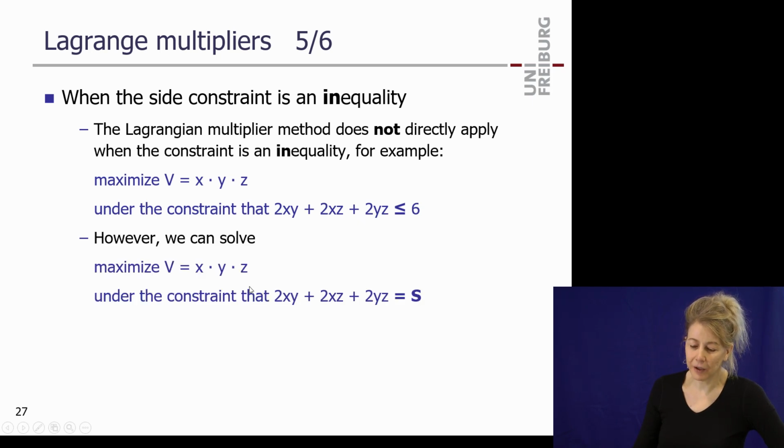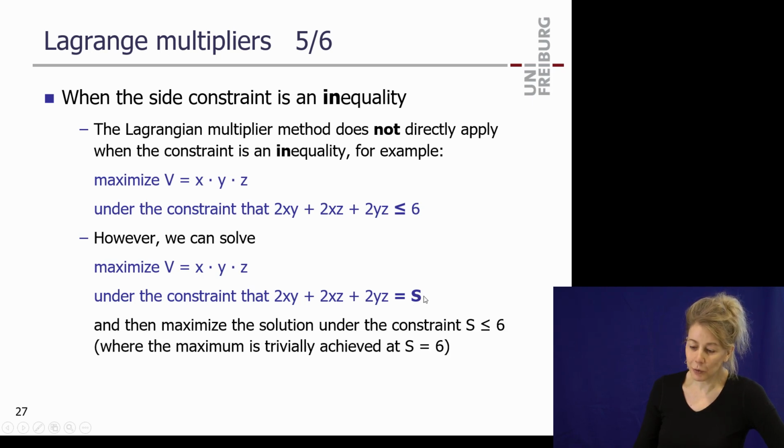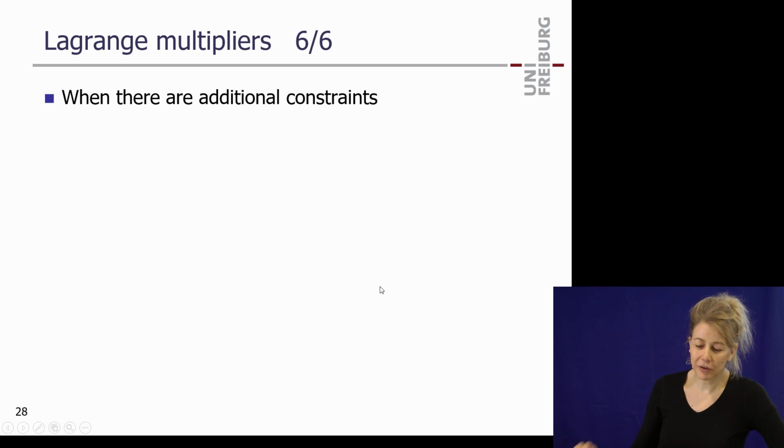You just say, okay, it's not 6, but something that's less than 6, just give it a name, S, then do Lagrange with this equation, and then just look at the end when this whole thing gets maximal. Of course, to maximize the volume, you should also maximize the surface. So first you get a solution in terms of S, and then you wonder, when is this maximal? Well, it's maximal when S is 6 in this case. So the same trick almost works. And there's just a little detail in case you stumble across it.